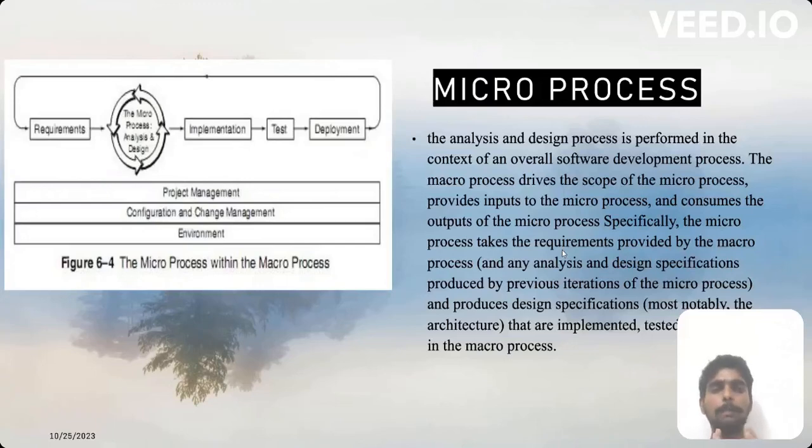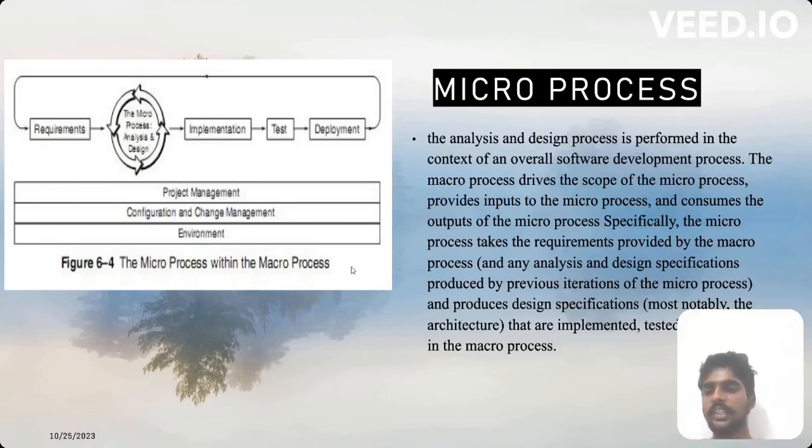Now we discuss the micro process. The analysis and design process is performed in the context of the overall software development process. The macro process defines the scope of the micro process. It provides the input to the micro process and consumes the output of the micro process. The micro process takes requirements provided by the macro process and produces a design specification that is implemented, tested and deployed in the macro process.